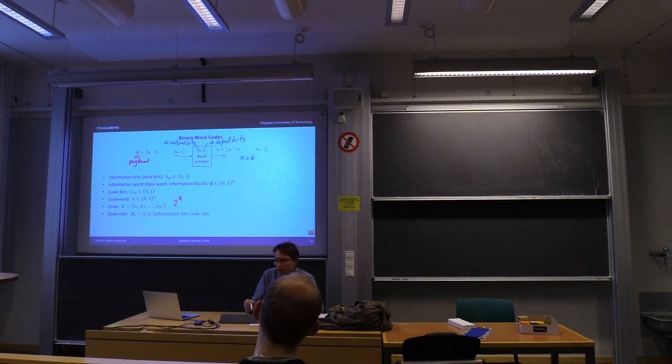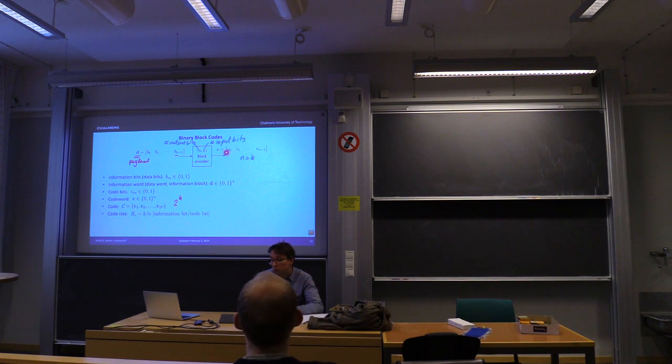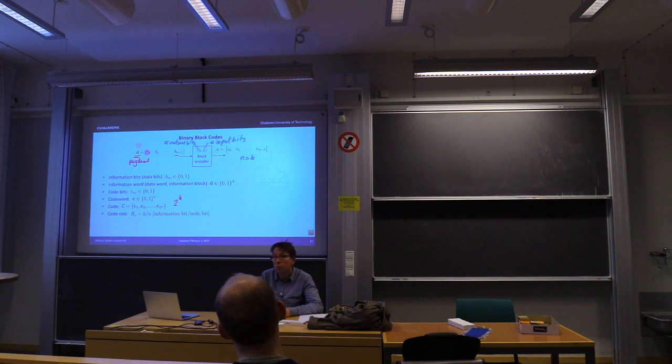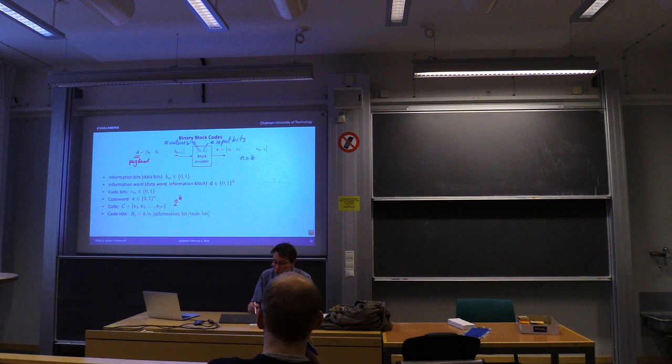Almost. So the simple thing is, how many possible inputs do we have? 2 to the power of k, right? And this is a deterministic device. So for each input there is an output. And so the number of possible outputs is equal to the number of possible inputs, regardless of how you do it, right? So the code consists of 2 to the power of k possible patterns.